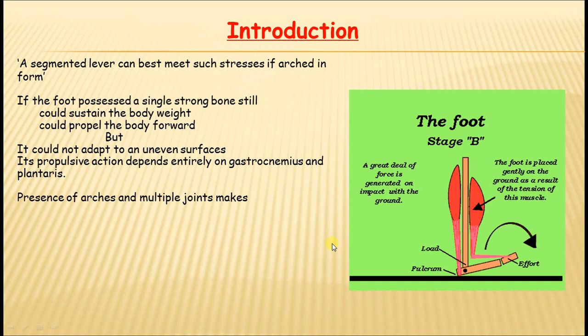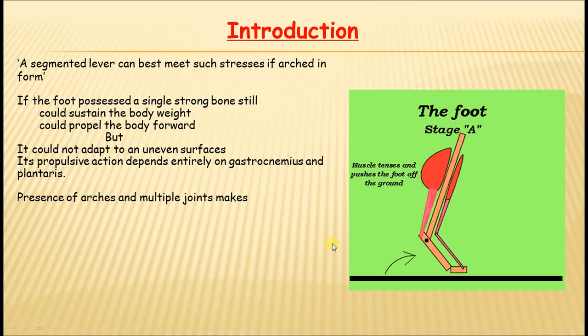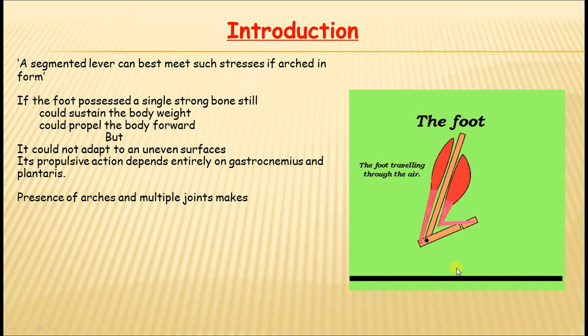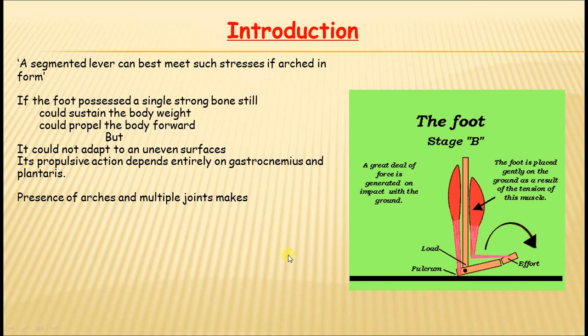So because of this, the foot is arched, and there are multiple joints where this single lever is divided into multiple segments. This relieves the stress, gives equal distribution of weight, and we can propel forward, especially on uneven surfaces.